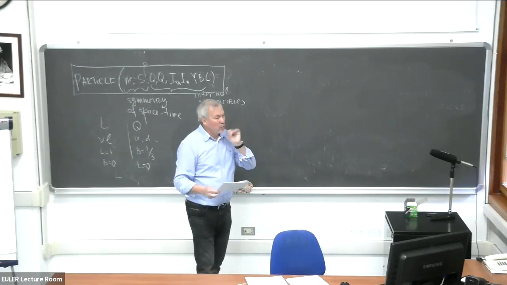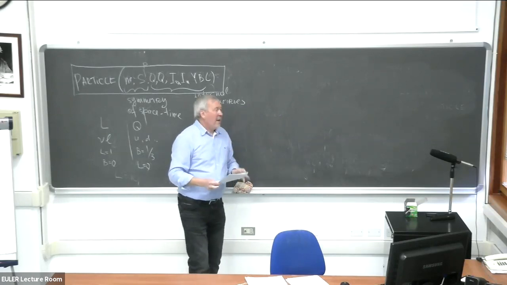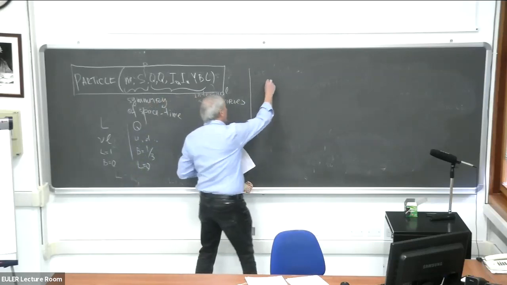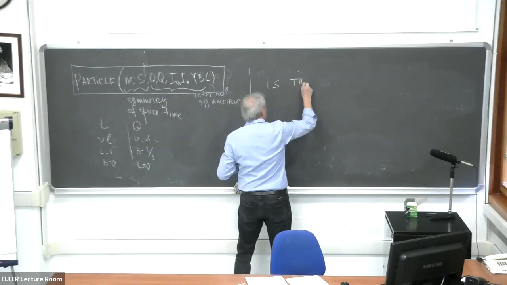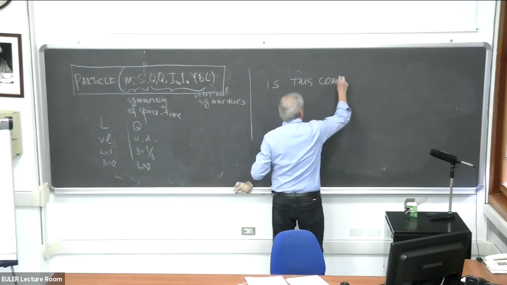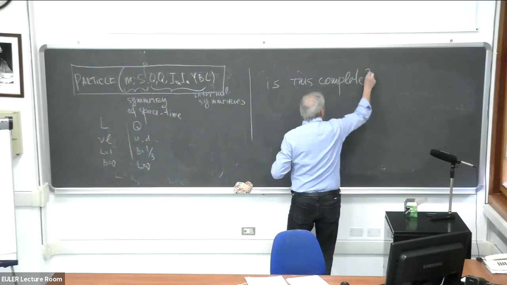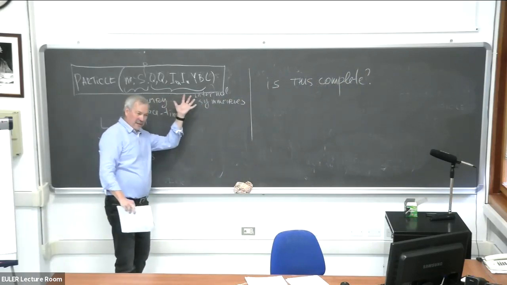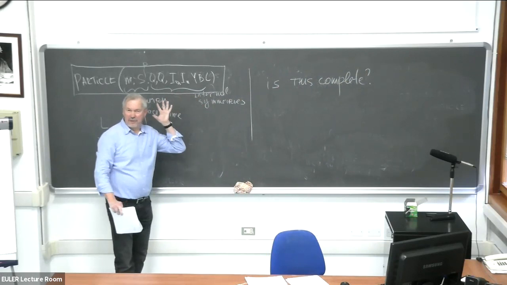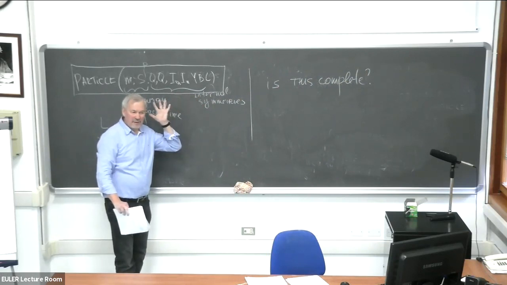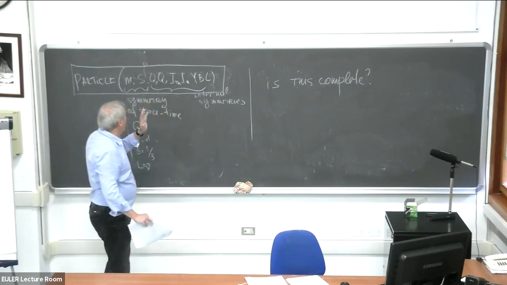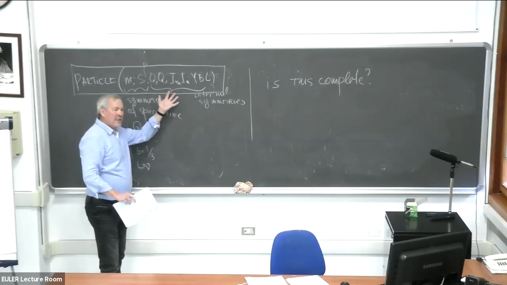In this connection, there are two important questions. One is, is this description complete or not? Maybe we are missing still something. Maybe there is still some other crucial characteristic which we have not yet introduced, but which exists. For the time being, it seems that this provides a correct description of what we observed so far.